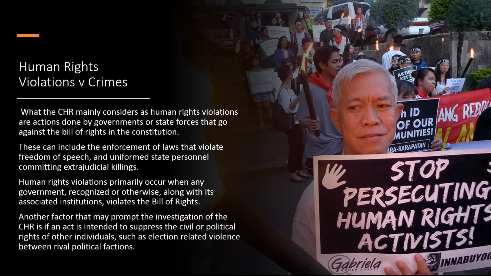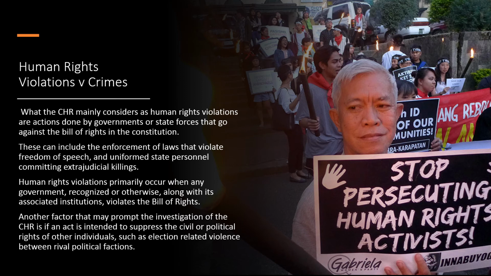This can include the enforcement of laws that violate freedom of speech and uniformed state personnel committing extrajudicial killings. Human rights violations primarily occur when any government, recognized or otherwise, along with its associated institutions, violates the Bill of Rights.